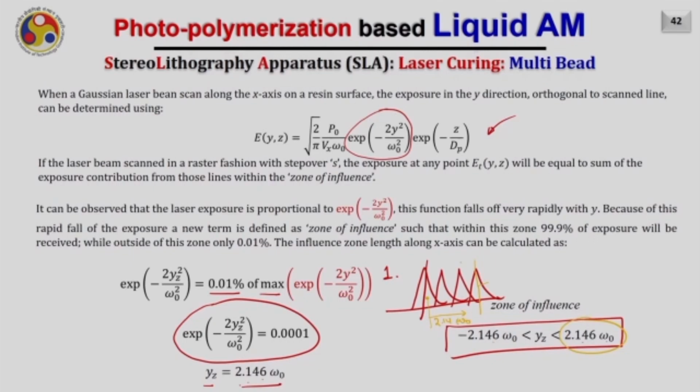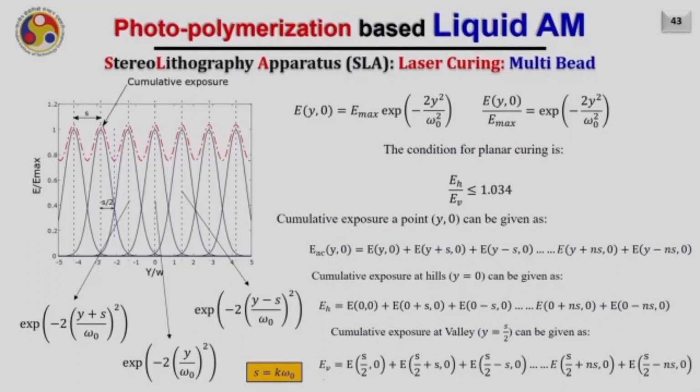So, if there are n passes coming in this range, we should consider only those passes. Beyond that, we should not consider them, because they will add only 0.0001. Hence, there is no point in considering such passes. By doing this, you can drastically reduce the calculation time for calculating the cumulative energy in hill and valley. Let me show this slide again.